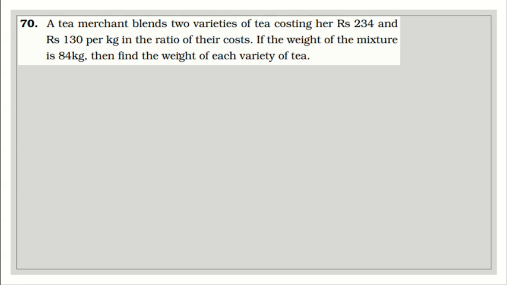See here, the ratio of mixing is in the ratio of their cost, that is 234 is to 130, which is further simplified by cancelling their common factors. It becomes 9 is to 5. That means she is mixing the costly one 9 parts, the 130 rupees one 5 parts.